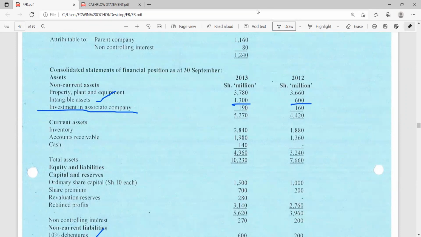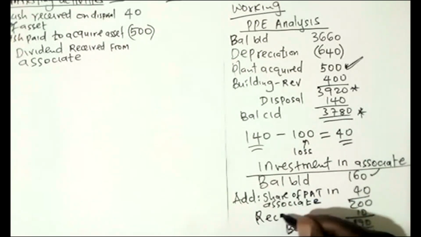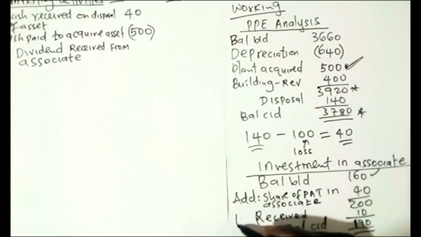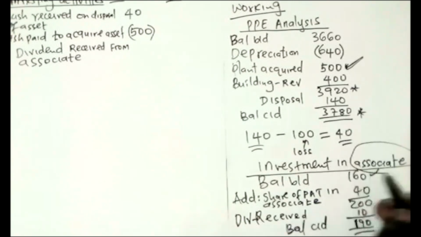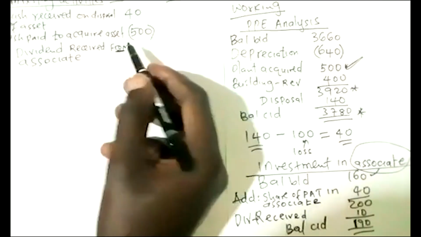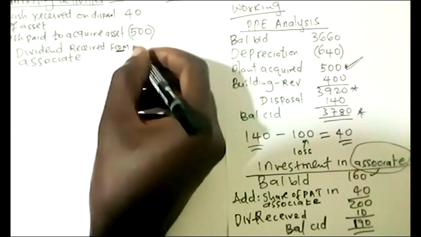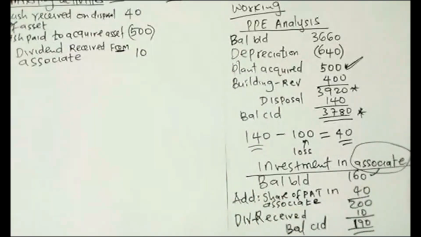So you can see that the investment is decreasing from 200 to 190 because this associate paid dividends, which the parent received. So dividend received from associate of 10.